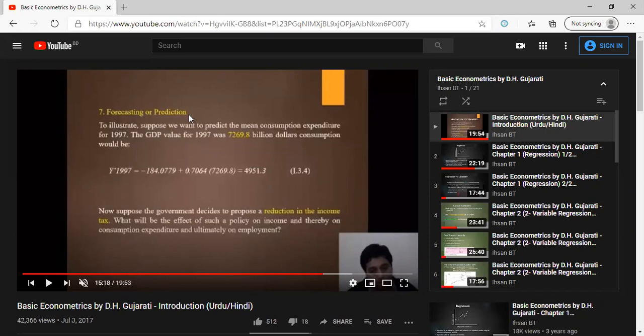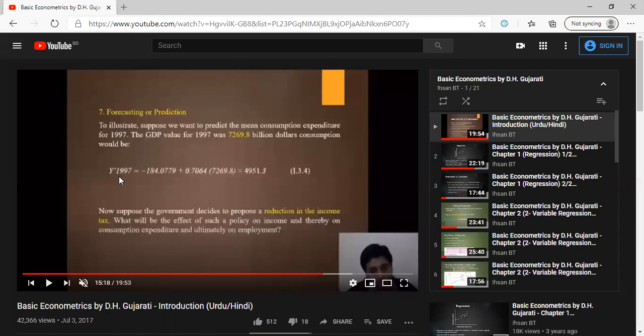It's kind of a big mouth saying, oh, we can predict. Actually, what it means is, if you give me an X value, I can give you a Y value. After we estimate beta 1 and beta 2, if you give me an X value, I'll give you a Y value.